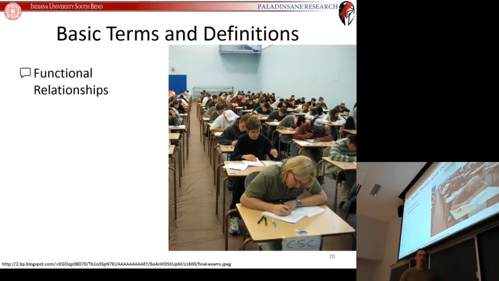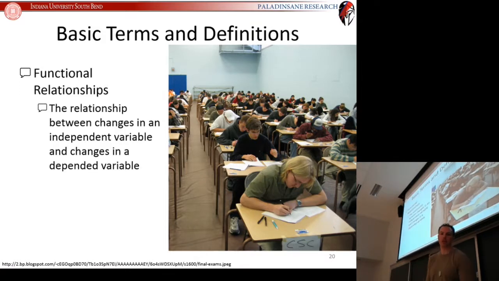A functional relationship is a relationship between your independent variable and your dependent variable. It's the effect or the phenomenon that we're trying to establish. We want to know, if we change the cause, what does that do to the particular effect?